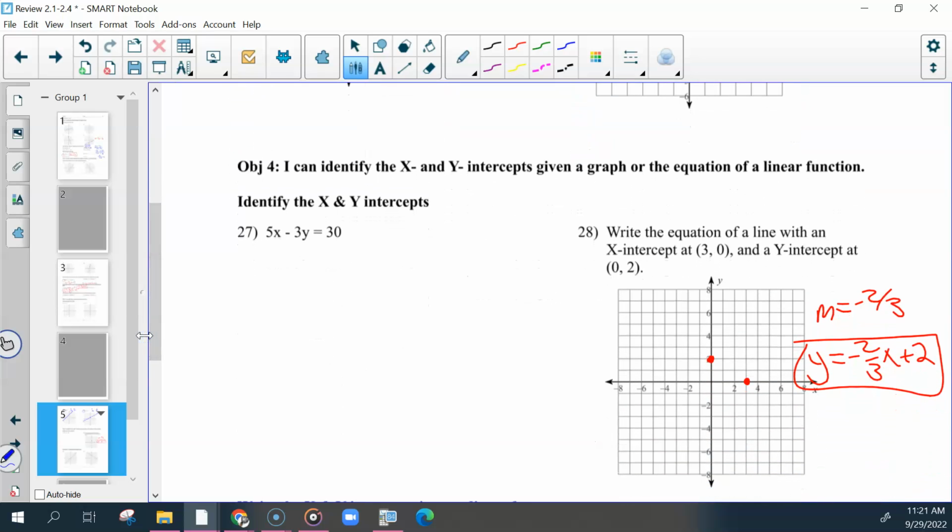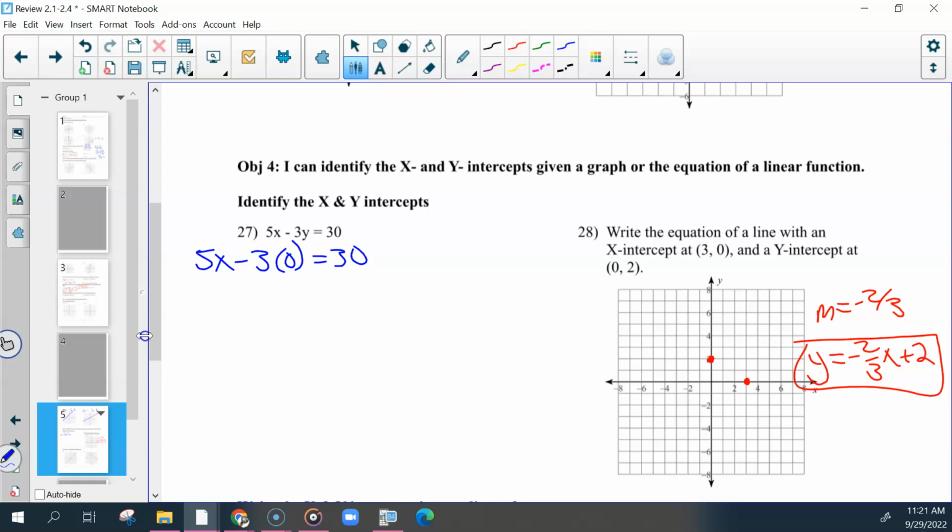In your intercepts section, if you get something like this, we're trying to find both the x and the y. It does not matter which one we do first. Whichever one you start solving for, you have to put 0 in for the other. So if I am looking for my x-intercept first, I'm going to put 0 in for y.